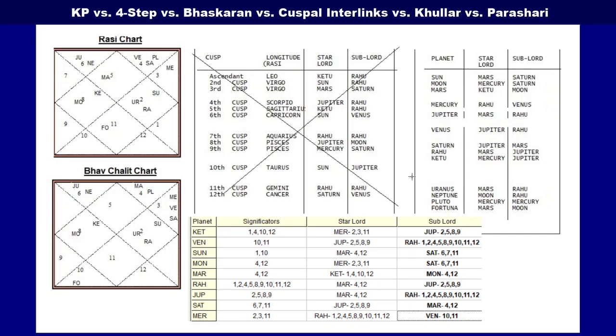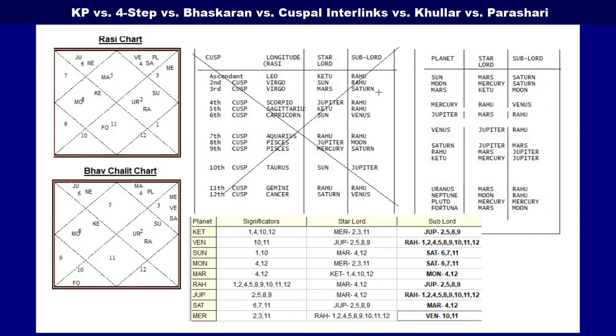You can still apply the KP rules just based on your table of planet, star lord, and sublord, and you can completely ignore the cusp. This is what I usually do when I have a doubt about the accuracy of a birth chart, and in many cases I do have. So I don't even bother to take into account the cuspal sublord. This is my own thought that I am sharing with you.